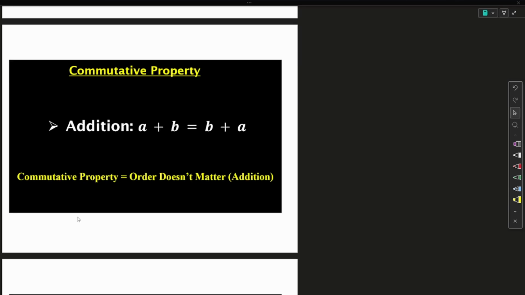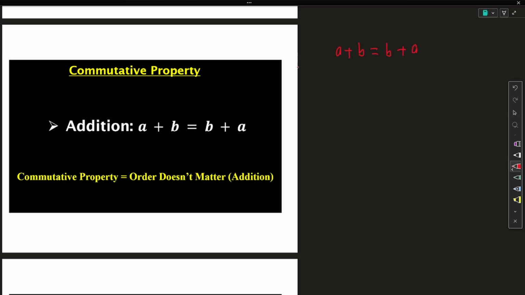Let us look at the commutative property for addition. According to the commutative property, we have A plus B is equal to B plus A, where A and B are real numbers.